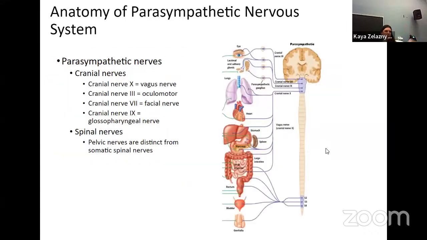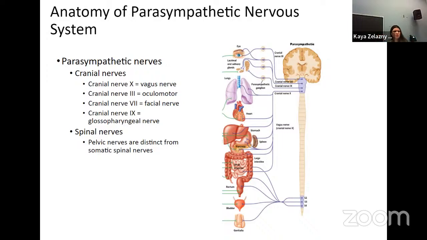All right. So our parasympathetic nerves, you don't need to memorize these right now. You learned the cranial nerves in anatomy lab, but we want to link those up. Our cranial nerves that carry parasympathetic innervation are cranial nerve 10, the vagus nerve, cranial nerve 3, the oculomotor nerve, cranial nerve 7, the facial nerve, and cranial nerve 9, the glossopharyngeal nerve.